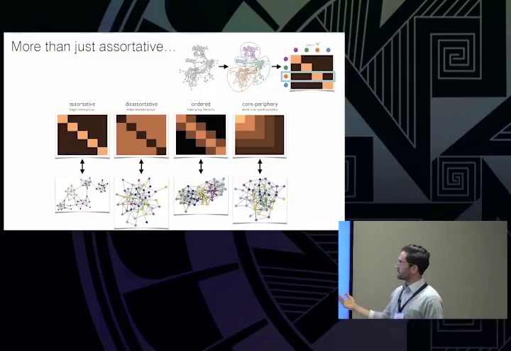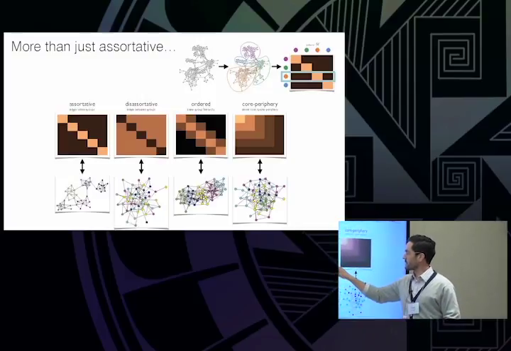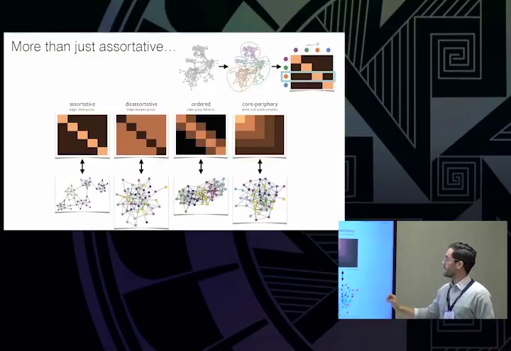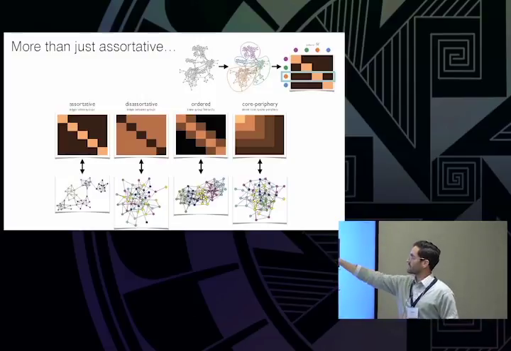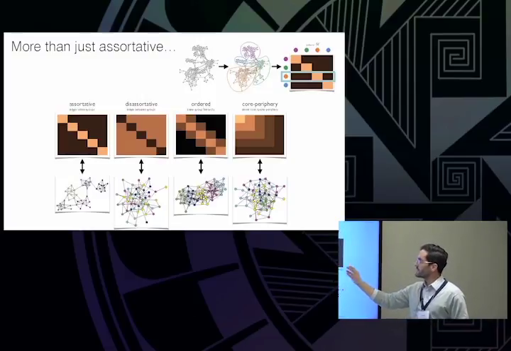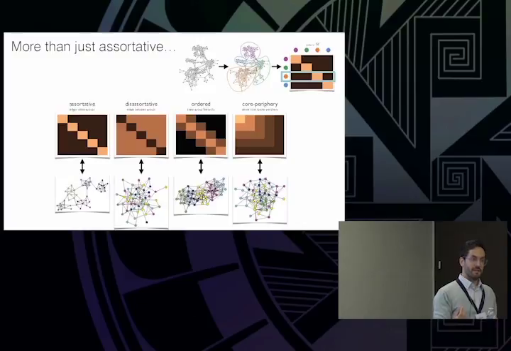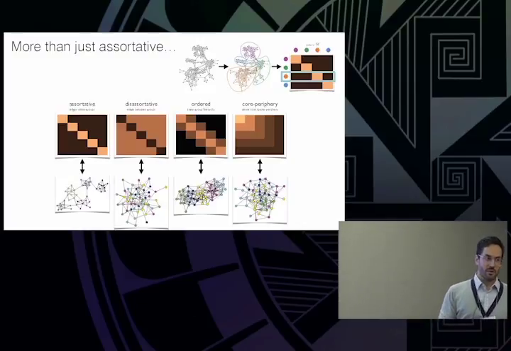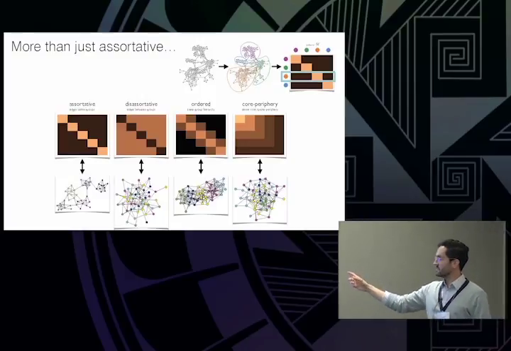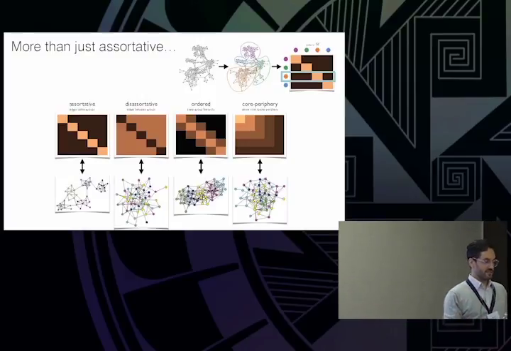We can also have ordered group structure, where you tend to connect to people in your group and in adjacent groups, and then you get sort of a linear group hierarchy, or core-periphery structure, where the core connects to itself, the periphery can connect to the core, but the periphery never connects to the periphery. So you get this diversity of structures just depending on the parameters that we plant, which means that if you give me a network that happens to be generated by any of these, we can extract that structure through statistical inference.